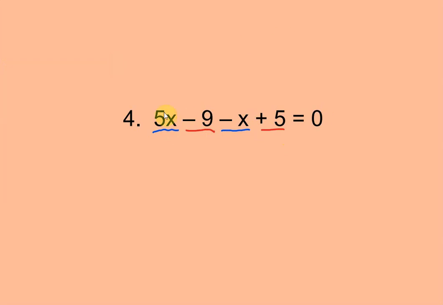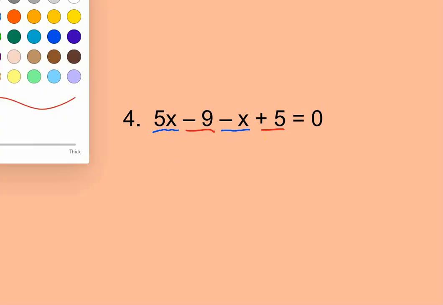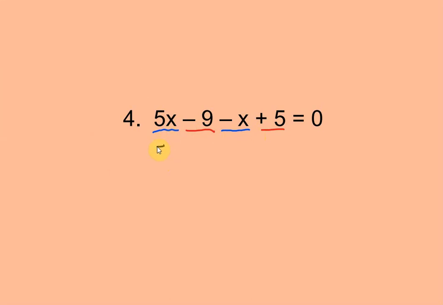If I want to combine 5x and negative x, that's the same thing as 5x minus x. Let me rewrite that: 5x minus x, and then negative 9 plus 5. I just rearranged that so you can see the like terms next to each other.